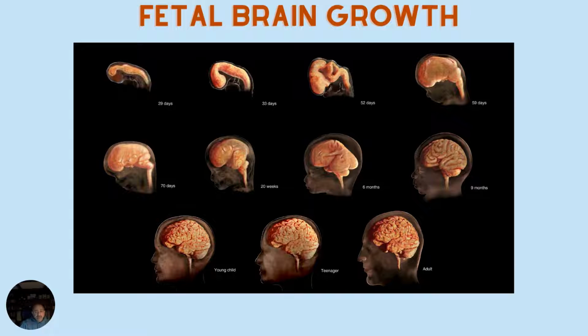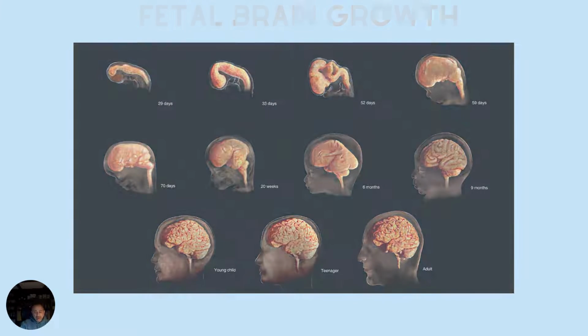At the 9 month period, the brain is pretty much fully in form, and of course there is further development as the child is in infancy, then turning into a teenager and then an adult.